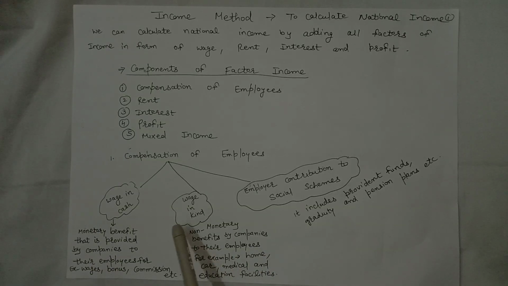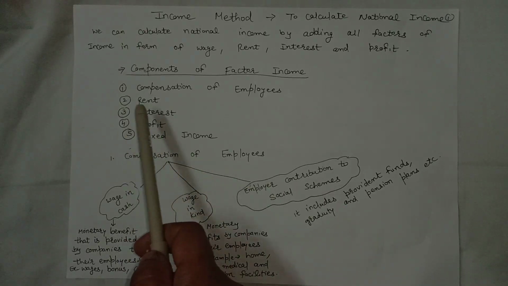Listen carefully, it is a non-monetary benefit, for example home, car, medical and educational facilities. Then third is employer contribution to social schemes. It includes provident funds, pension plans, etc.